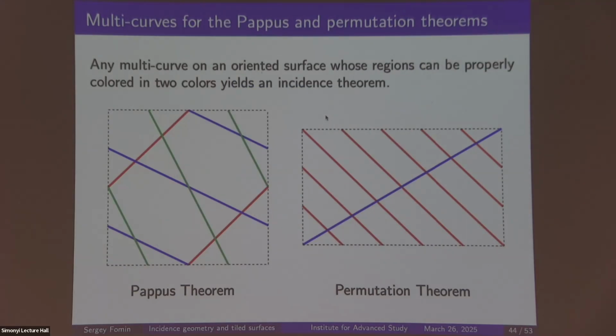Just put the vertices of the tiling inside the regions and connect them across the sides. You will get a quadrilateral tiling. And your multi-curve needs to be generic, so no triple points, no inappropriate patching. So that's another way of thinking about this stuff.